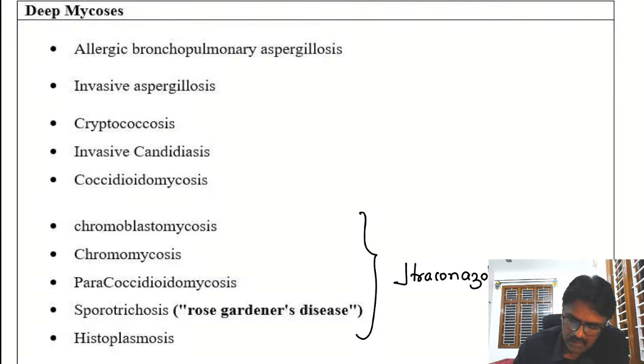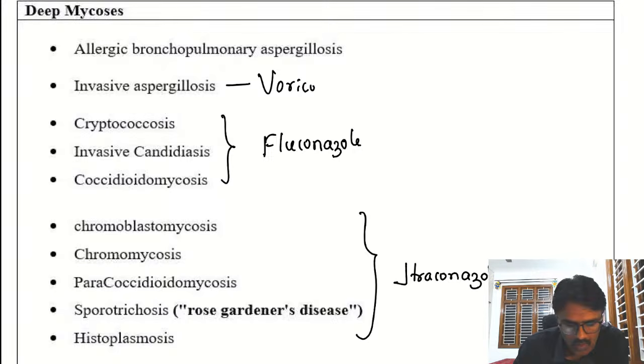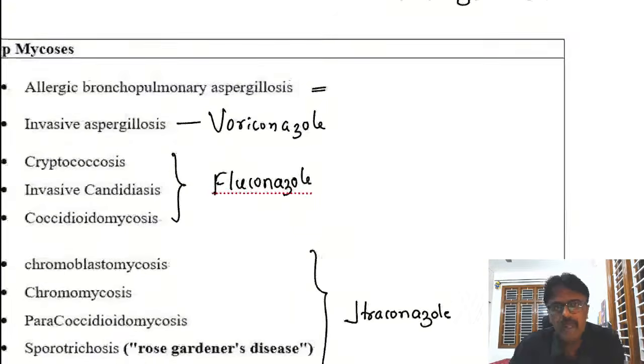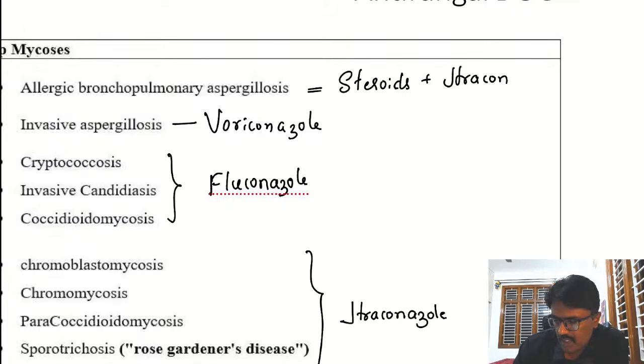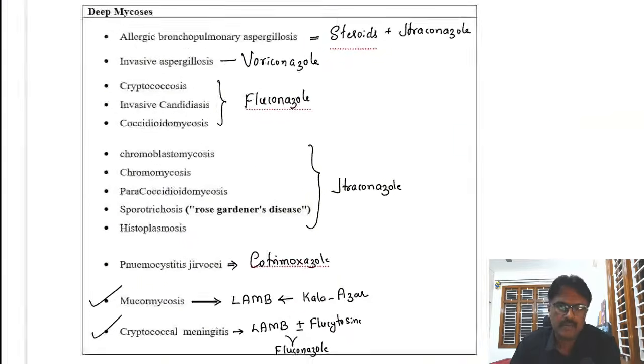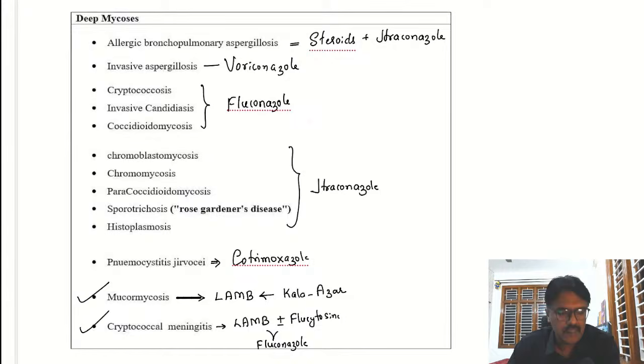And then for all the C's, cryptococcosis, candidiasis, coccidioidomycosis, it is fluconazole. For invasive aspergillosis, it is voriconazole. And sometimes patients have allergic bronchopulmonary aspergillosis. For the allergy we use steroids, but to prevent fungus we have to give itraconazole. So deep mycotic infections are commonly tested in FMG exams or any exam. So please read this.